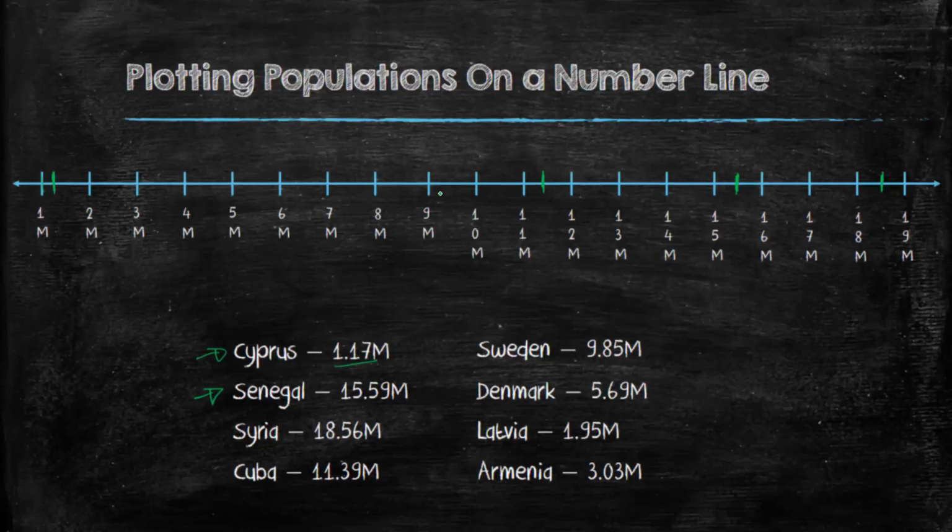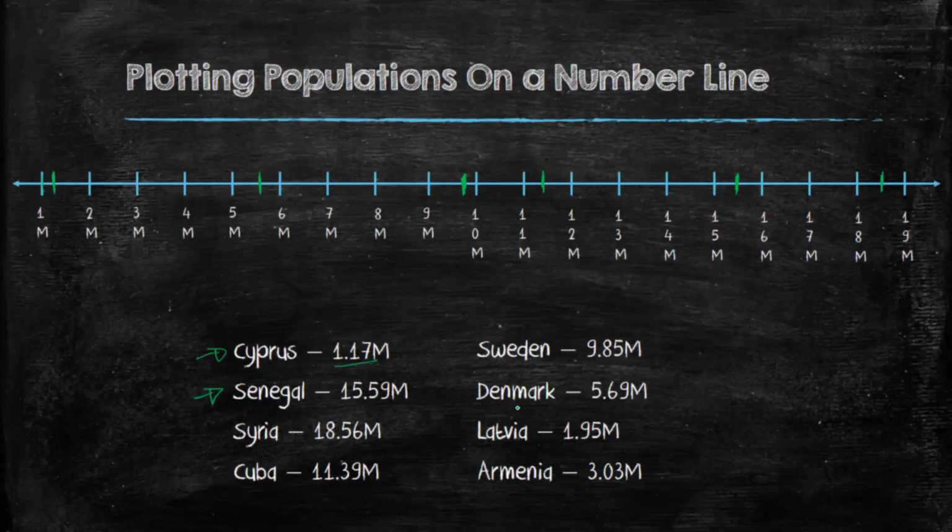Sweden at 9.85 would probably fall between 9 and 10, but it's really close to 10, so probably around here. Denmark, 5.69, so 0.69 is larger than 0.5, so it's past the halfway, but it's not quite there yet, so probably maybe around here, almost 3/4 in.